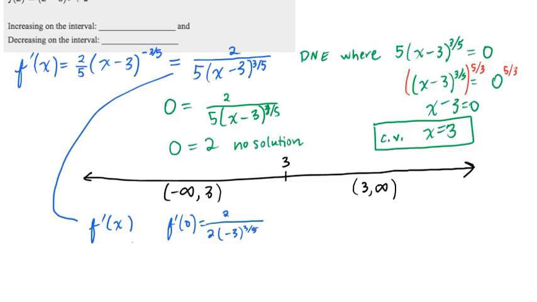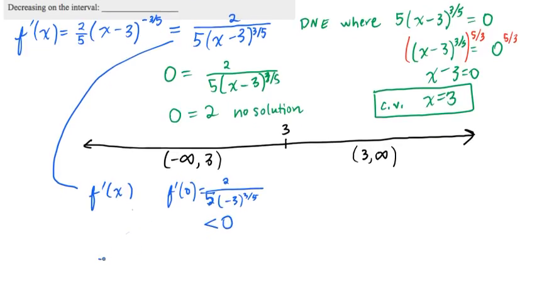Okay, now the 5th root of a negative number is negative, and when you cube a negative number, it's still negative. So I have 2 divided by 5 times a negative number, which is going to be negative. So f prime is negative at 0, which means f prime is negative on the whole interval from negative infinity to 3, which tells us then that f of x is increasing on that interval from negative infinity to 3.